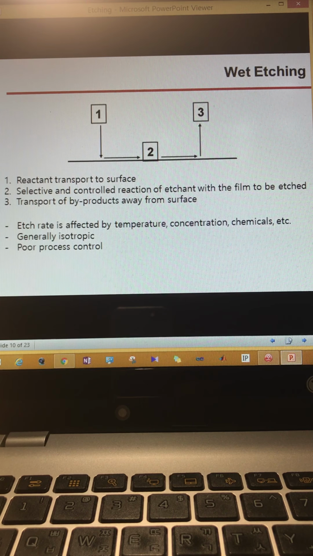Wet etch is the basic route in which the dissolved solution moves to the surface, reacts, and the byproduct exits the surface.